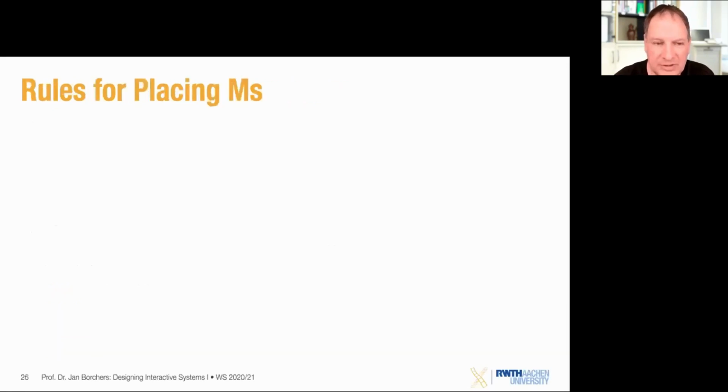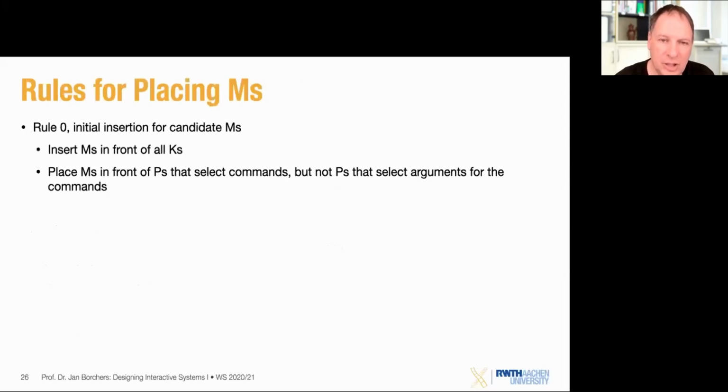So here are the rules for placing M's. First of all, you throw lots of M's at this. You insert M's in front of all key presses, and you place M's in front of all pointing actions that select commands, like a menu, for example. But you don't place it in front of P's that select arguments for those commands.